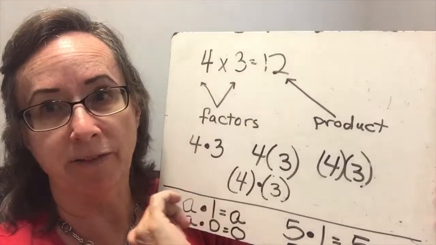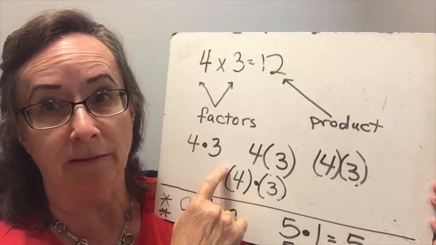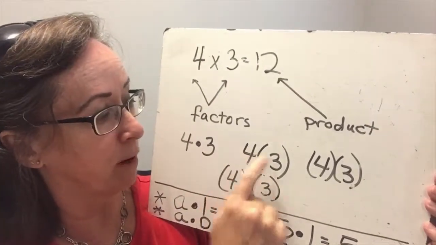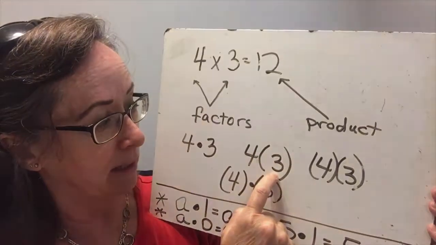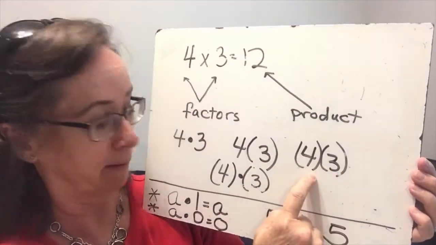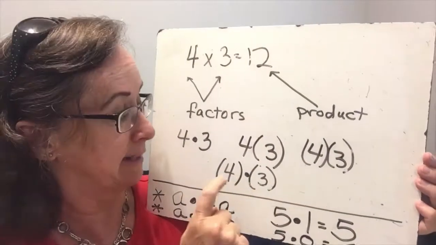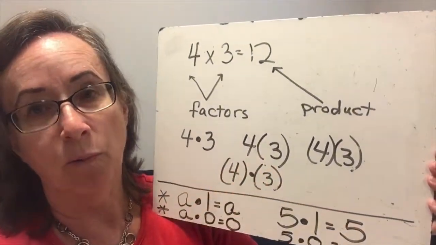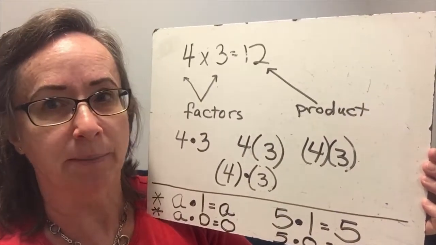So most often in algebra you'll see 4 dot 3, which means 4 times 3, or 4 parentheses 3, or both of them could be in parentheses, or both of them could be in parentheses with a dot between them. Those are just familiar ways that we can signify multiplication.